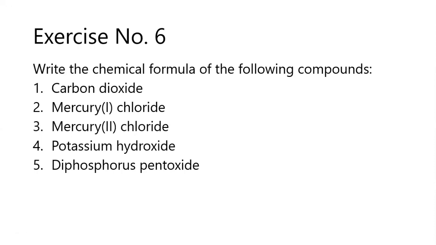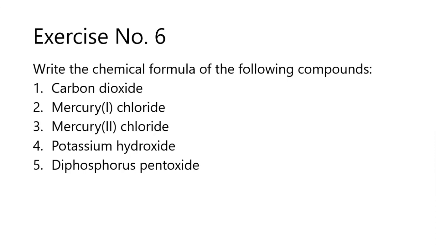Exercise number 6. Write the chemical formula of the following compounds. Okay, paki-pause po ulit yung video at itry natin tong exercise na ito. Paparating na ang sagot in 5, 4, 3, 2, 1.